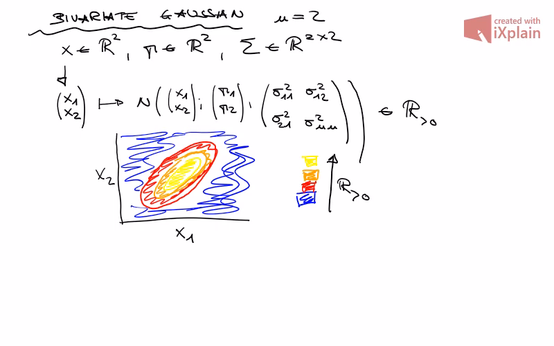So what you then see here in this plot, and you see these plots everywhere when you talk about bivariate Gaussians, is that certain points in this two-dimensional space, so in this R2, so basically the set of all values for x1 and x2, get allocated quite high probability density, and others get allocated relatively low probability density.